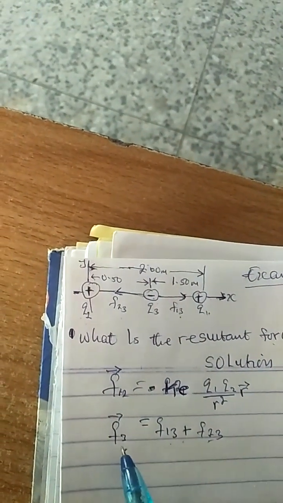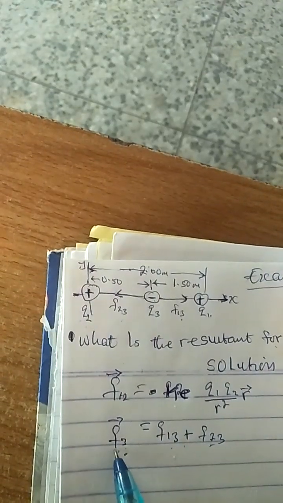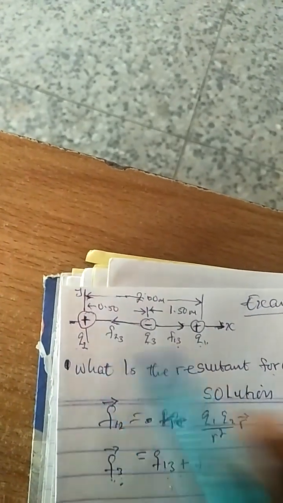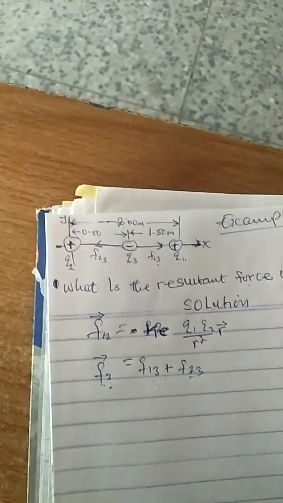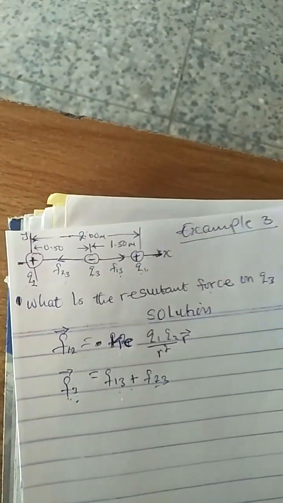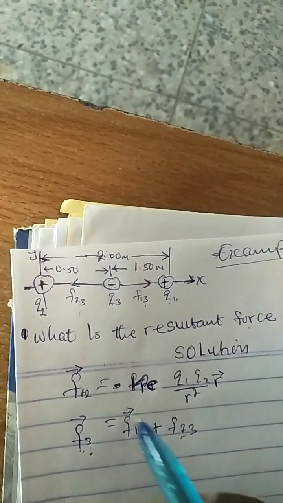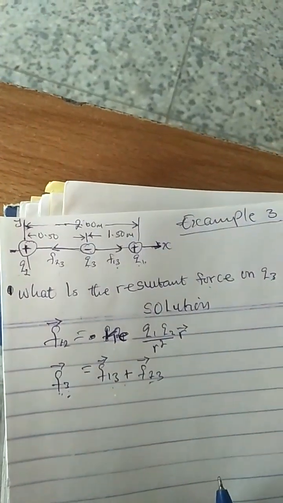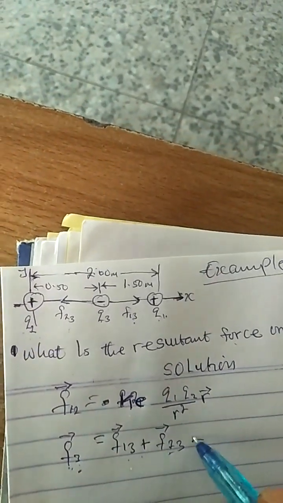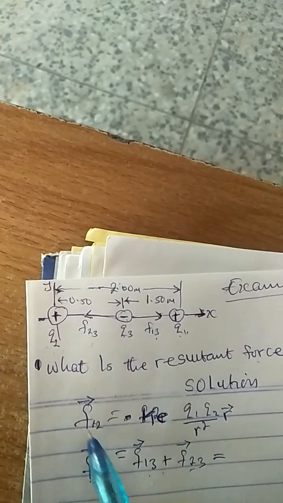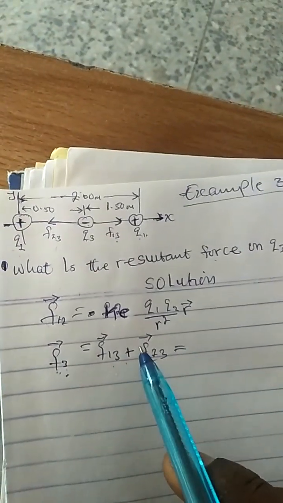F3 here is just telling us that this is the force on Q3, while this is representing the F13 and the F23. I hope it is clear. So we are going to have vector F3 is equal to vector F13 plus vector F23, where, remember, this whole F12 is the one that is represented here.